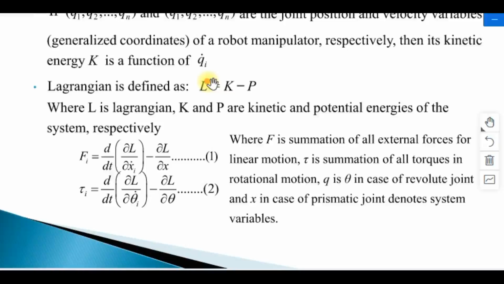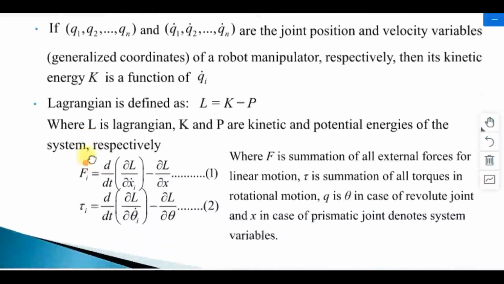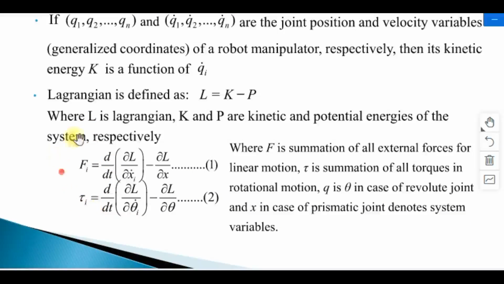any force, because there are F1, F2 and Fn, or tau 1, tau 2 and tau n, for every joint, F and theta are present, and as F and theta or F and x, these two are present.